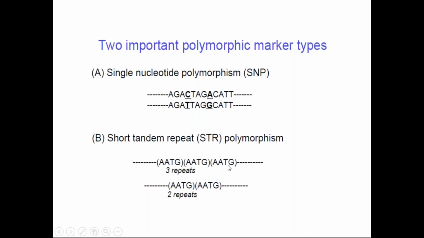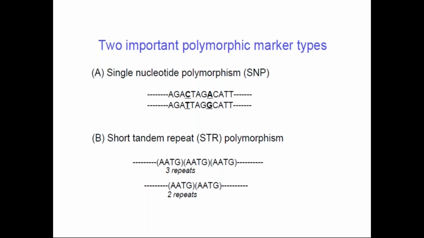Now if we perform the PCR reaction and amplify such an STR region by utilizing STR-specific primers, we will get PCR product bands having different lengths.